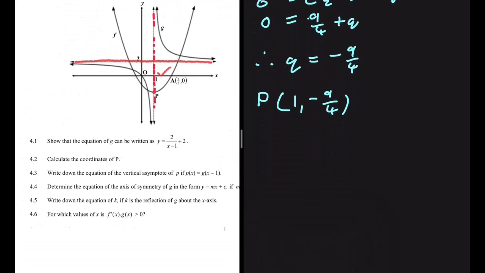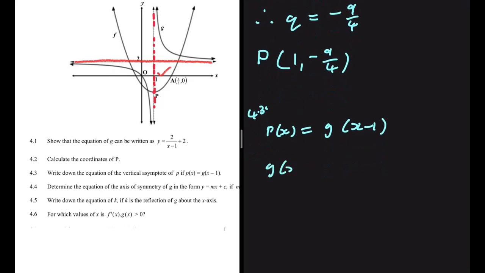4.3, write down the equation of the vertical asymptote of p if p of x is equal to g of x minus 1. Let's see what g of x minus 1 is first before we can do anything else. So we know that g of x is equal to 2 divided by x minus 1 plus 2.